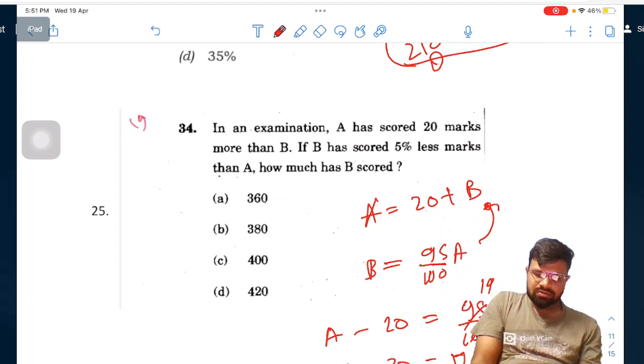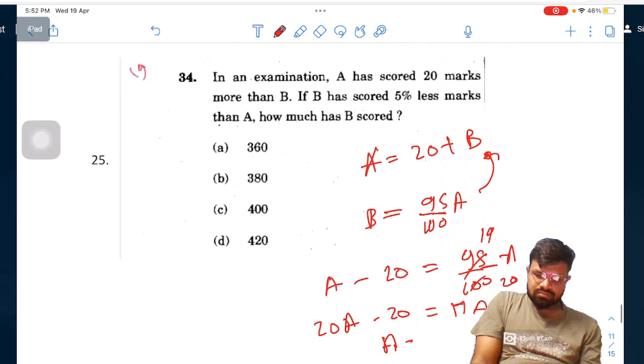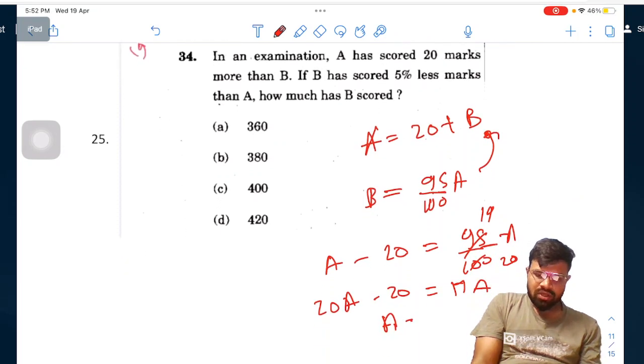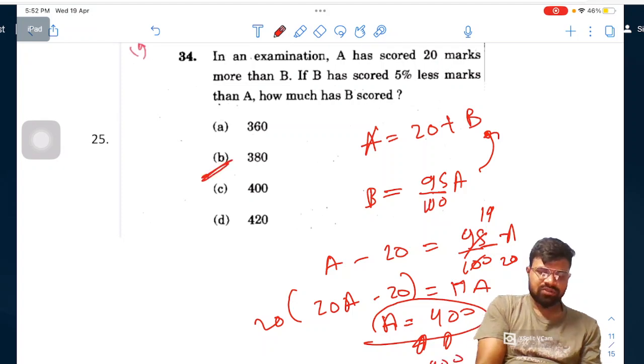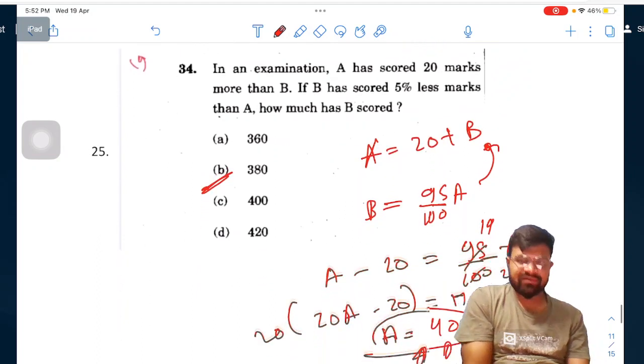So A is equal to 400 based on this, and B is equal to 400 minus 20, that is 380. Simple question, again based on the similar pattern that we have discussed earlier.